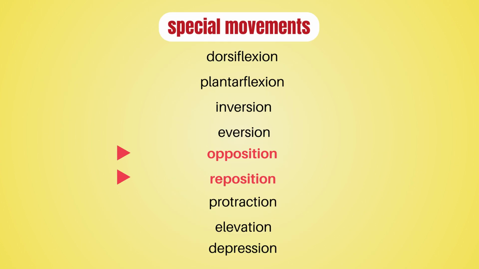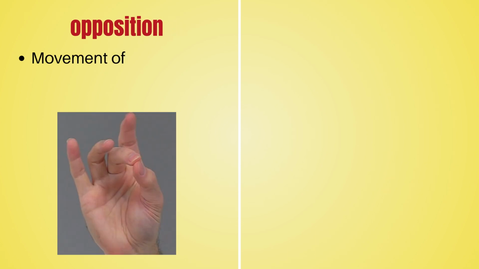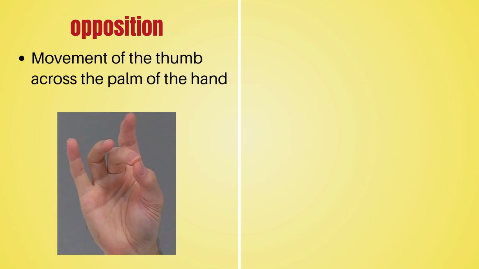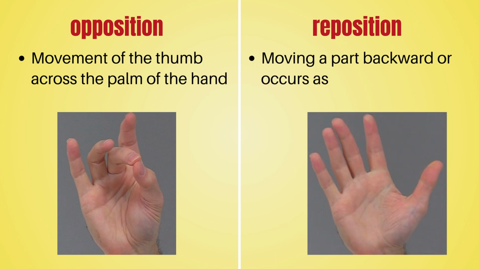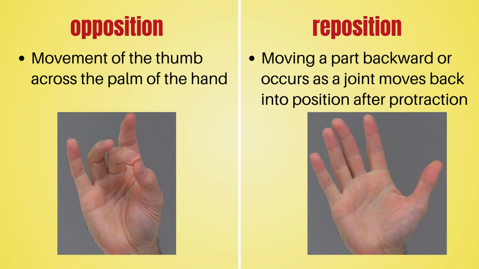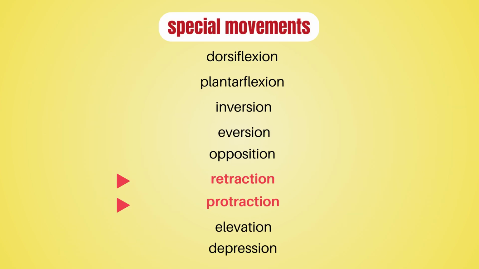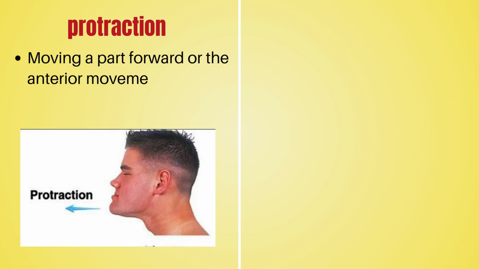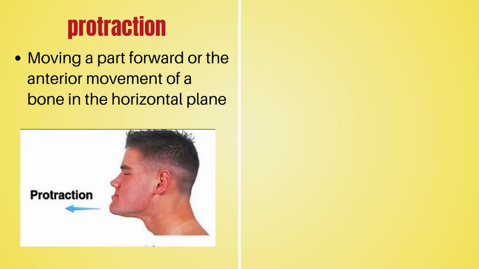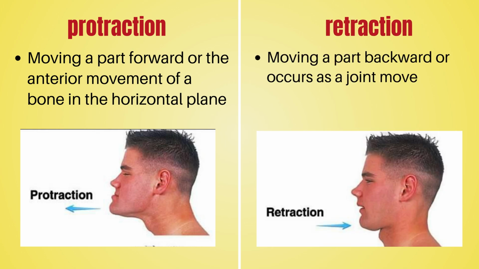Fourth, the opposition and reposition. In opposition, the thumb moves across the palm of the hand, while in reposition, the thumb returns to its original position. Fifth, the protraction and retraction. During protraction, the jaw is moving forward, while in the retraction, the jaw is moving backward.